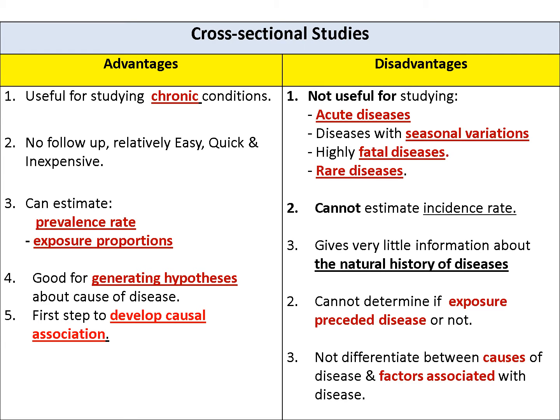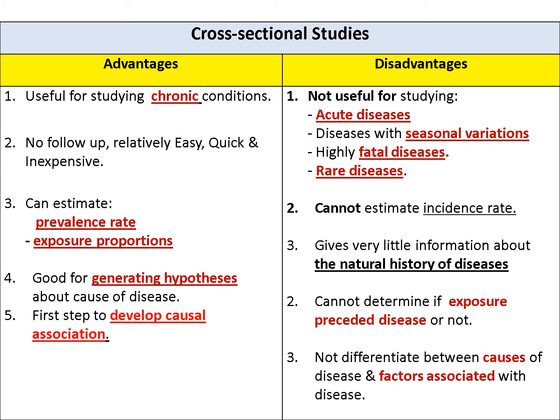Exposure proportion means the proportion of the population who are exposed to a certain thing, like exposure to smoking, exposure to lacking physical activity, exposure to drinking green tea. So it can estimate the prevalence rate, like the proportion of people who have the disease, and also the proportion of people who have a certain exposure.